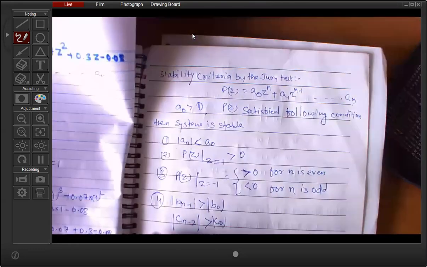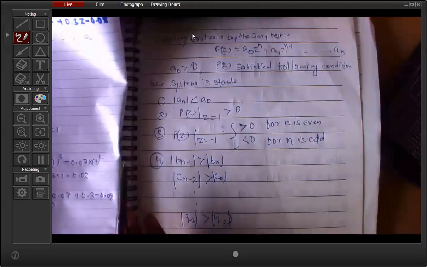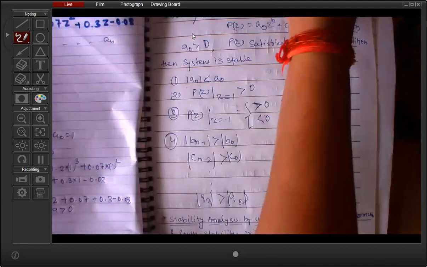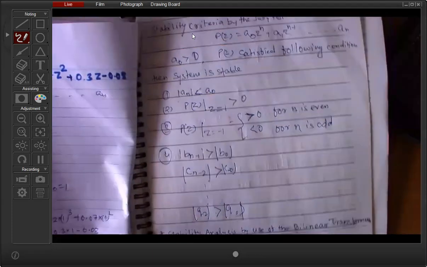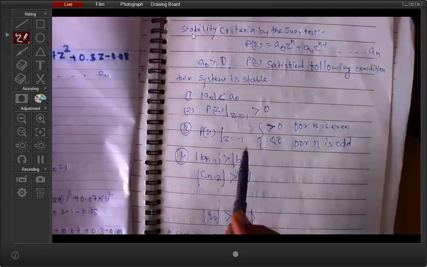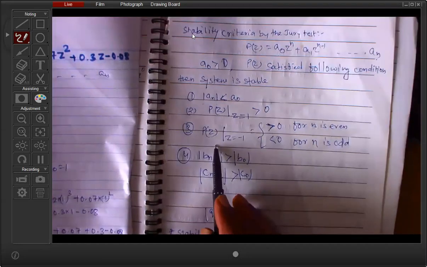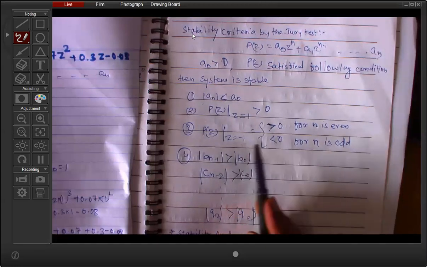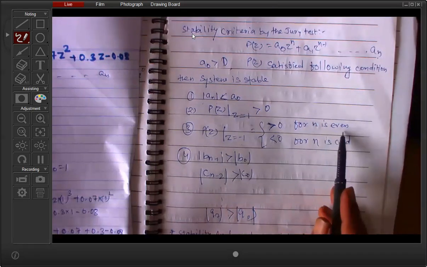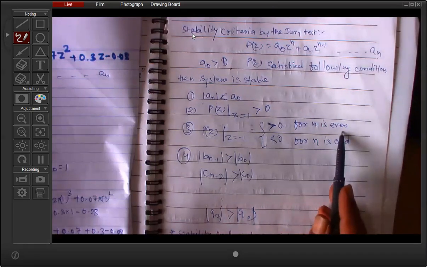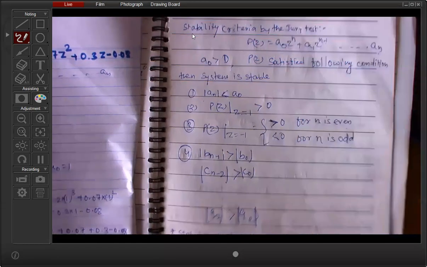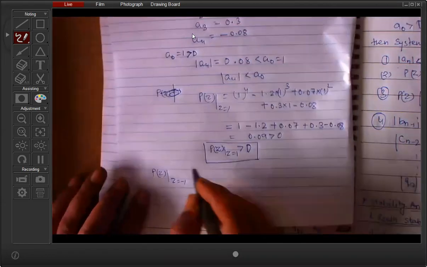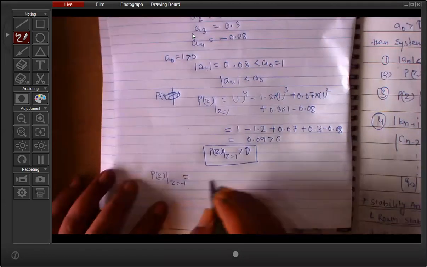According to the Jury stability criteria, the magnitude of P(z) at z equal to minus 1 is positive when n is even. Okay, so now we have to calculate the magnitude of P(z) at z equal to minus 1.